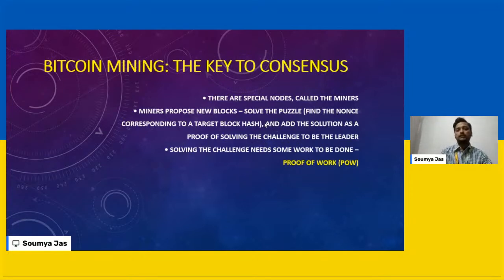There are a lot of tasks for the miners. In Bitcoin, there are special tasks that a Bitcoin miner has to perform. That is syncing up with the network, with the Bitcoin network or the blockchain network.